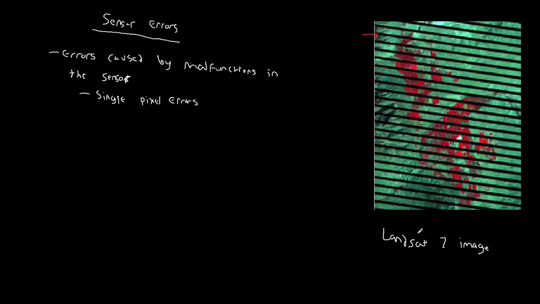And what happened with Landsat 7 is, after being launched, and again, we talked about satellite platforms and one of the downsides being that you can't maintain them once they're in space, something called the scan line corrector malfunctioned. The scan line corrector basically served the role of filling in these lines to make sure that the data was accurate throughout the image. And so when the scan line corrector malfunctioned, you ended up with these striped lines of no data.